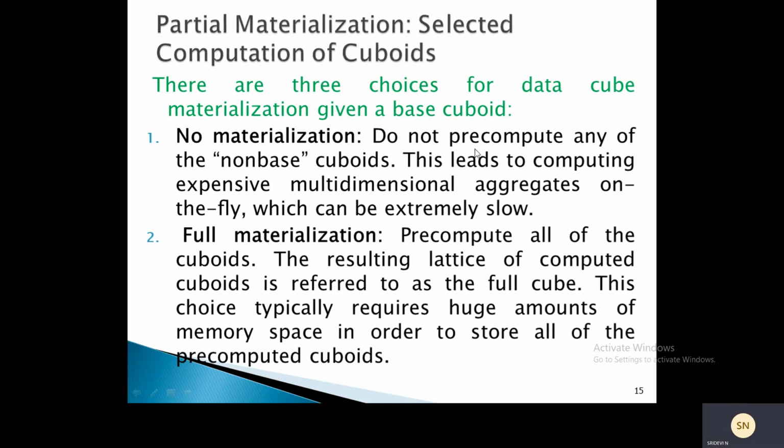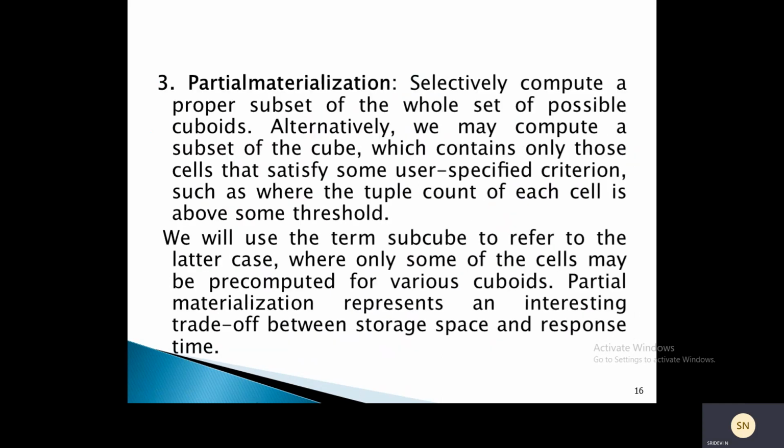As we have seen, no materialization means we do not pre-compute any of the non-base cuboids. This leads to computing expensive multidimensional aggregates on the fly, which can be extremely slow. Full materialization means we pre-compute all of the cuboids, and the result is a full cube. This choice requires huge amounts of memory space to store all of the pre-computed cuboids. So it becomes slow if nothing is calculated in the beginning, and if everything is calculated, it requires a lot of space.